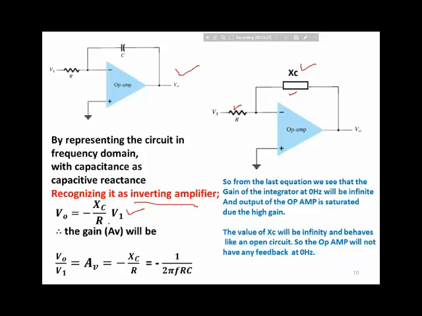From this relationship I can conclude the gain, V out over V1, would be equal to minus Xc over R. So the gain of the amplifier would be minus Xc over R, where Xc is the capacitive reactance, which can be represented in frequency as 1 over omega C, or 1 over 2 pi fC. So this will be minus 1 over 2 pi fC into R. This is the relationship for the gain of the amplifier.